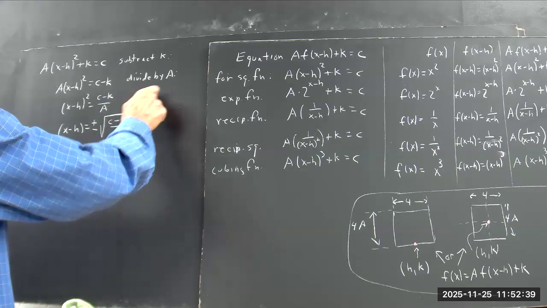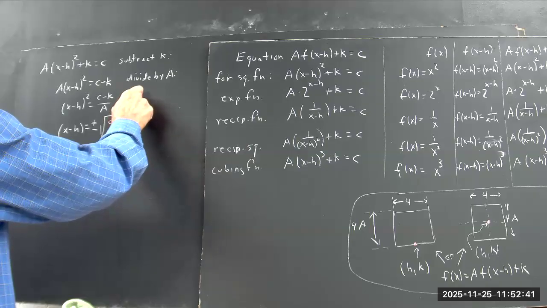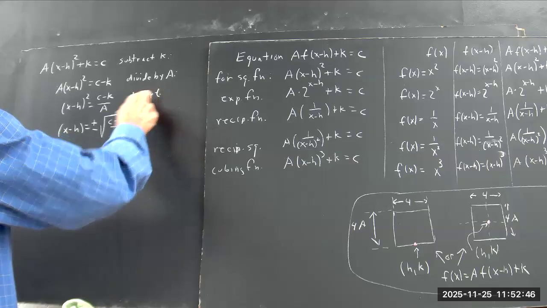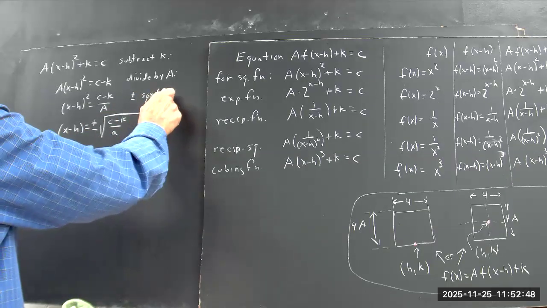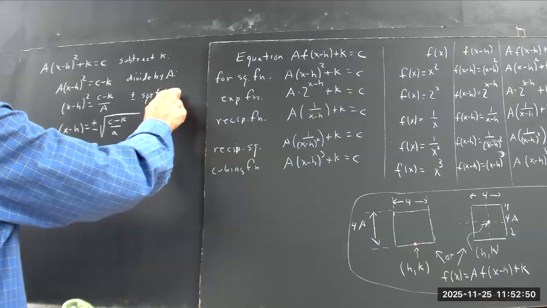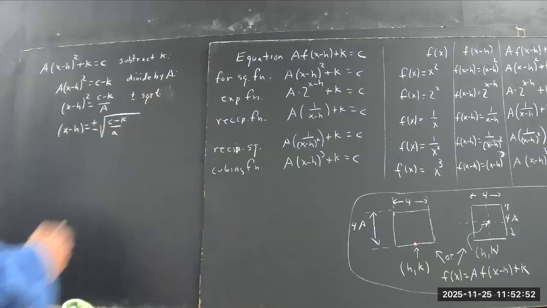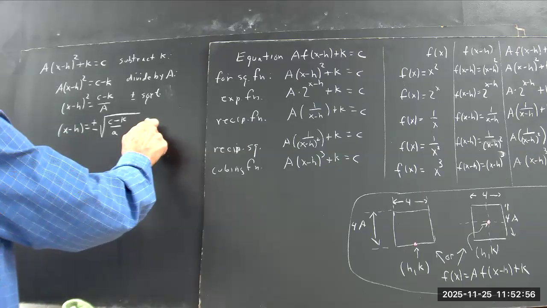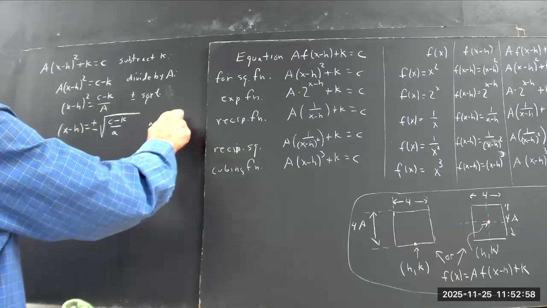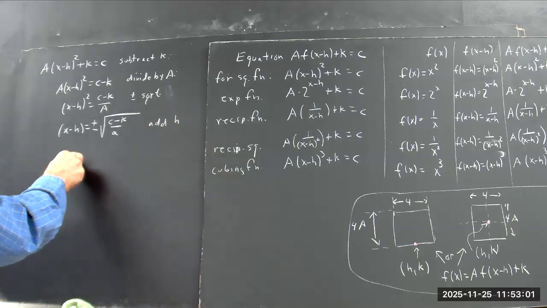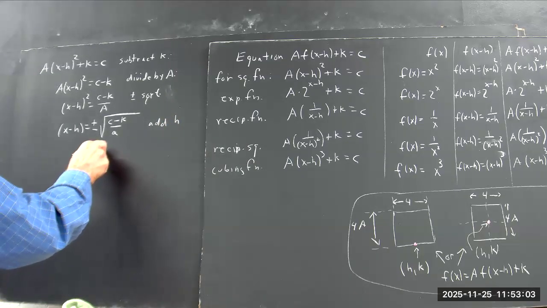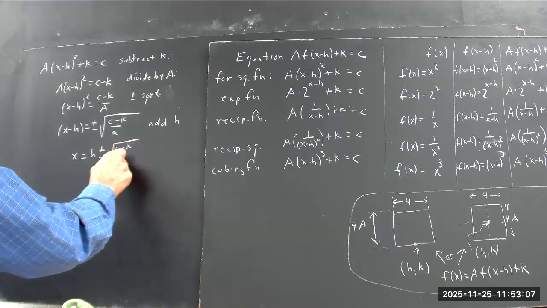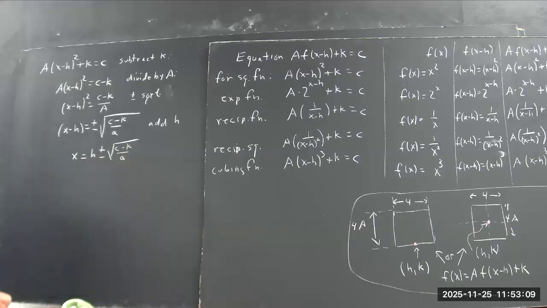And we add h to both sides. We get x equals h plus or minus the square root of c minus k divided by a.